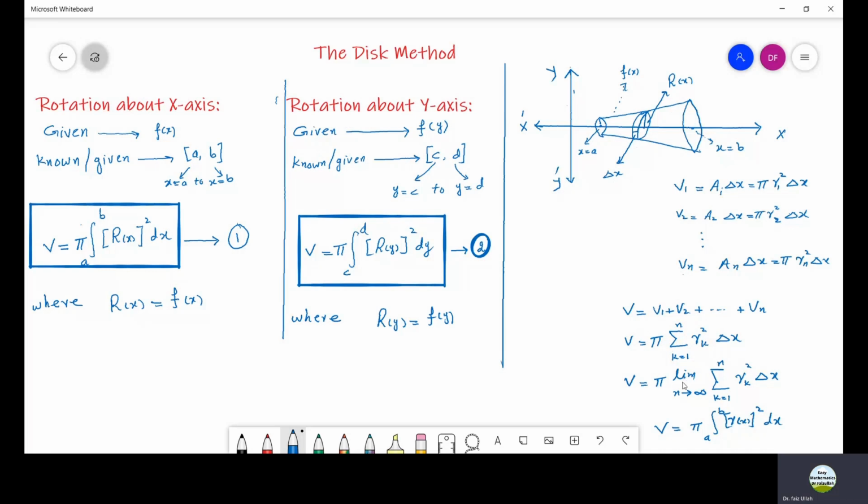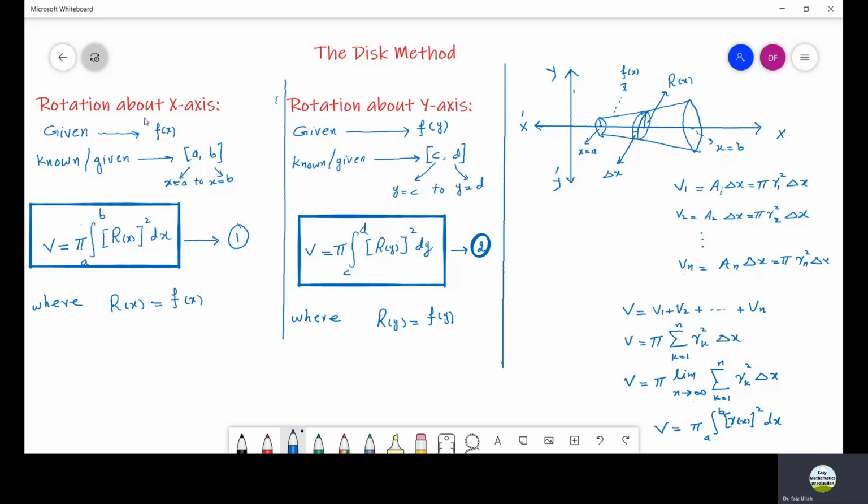And now taking limits n approaches to infinity, we get the required volume of the whole solid of revolution, which is equal to pi integral from a to b of r of x square dx. So the method of proof is very similar to that of the Riemann sum. And now look at the first one.